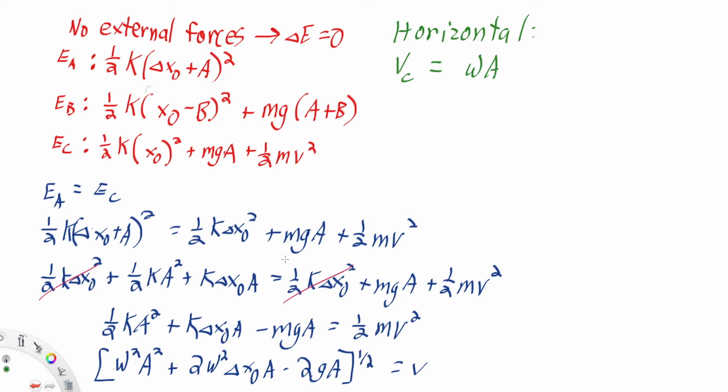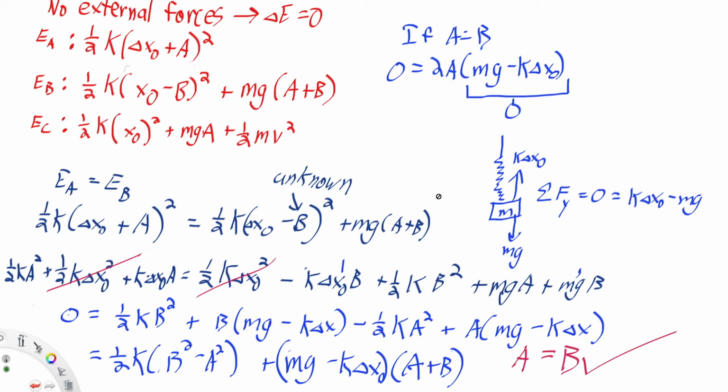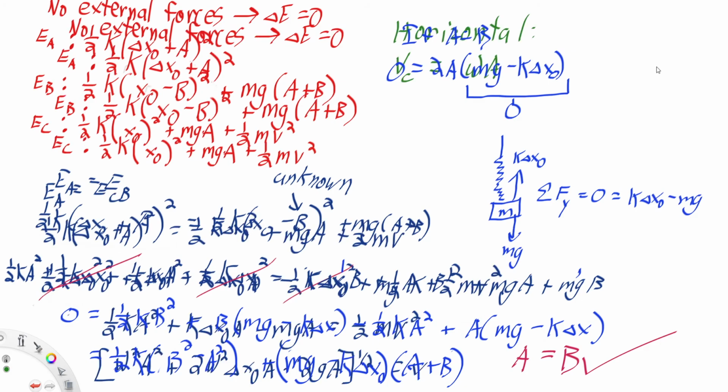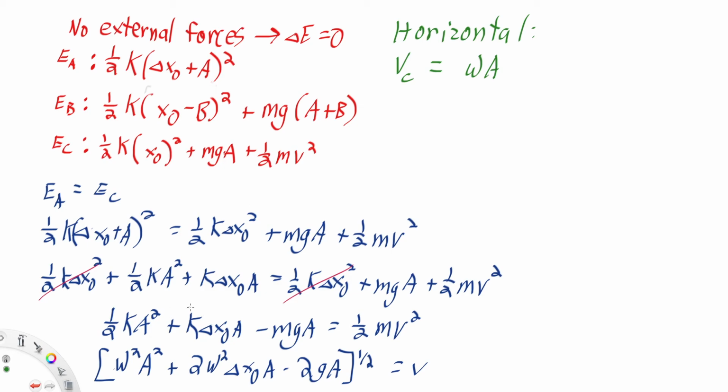So, in the last slide, we found that mg equals k delta x, right? On this slide, we have k delta x times a minus mg times a.